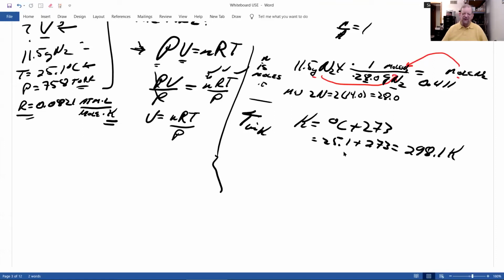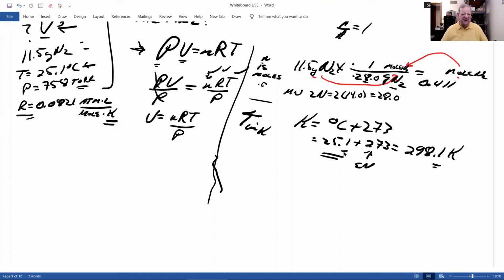Remember, when you're adding, you get the same number of significant figures to the right of the decimal as the number you're adding that has the fewest significant figures to the right of the decimal. But this is an exact number, so I have 1 past the decimal. This is the only number I'll use to determine that. Tricky, aren't I? Well, actually, that's just the way you do it.